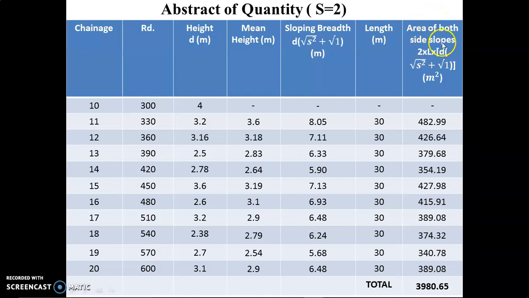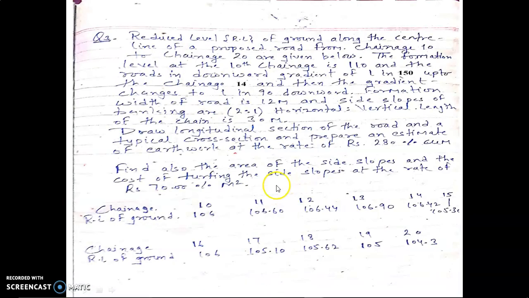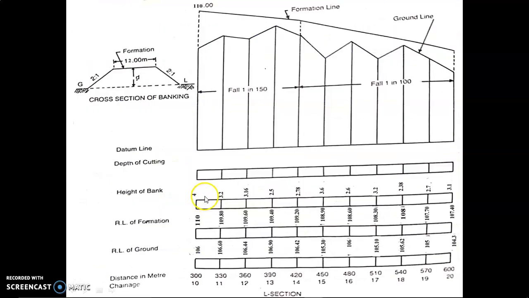Here again I repeat, I wrote something wrong by mistake. This part is the area part and this part is the quantity part. We find the quantity with the help of this, because in our question they have given the side slope and the cost of turfing the side slope at this rate, so we have to find this.